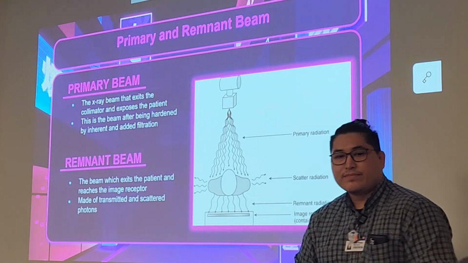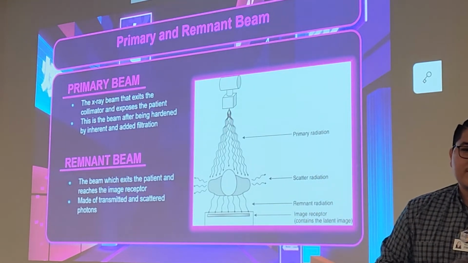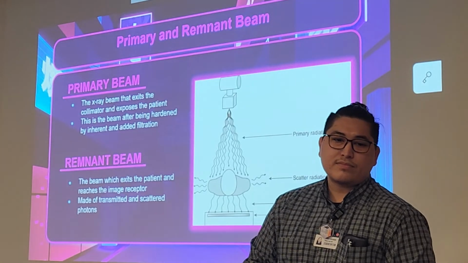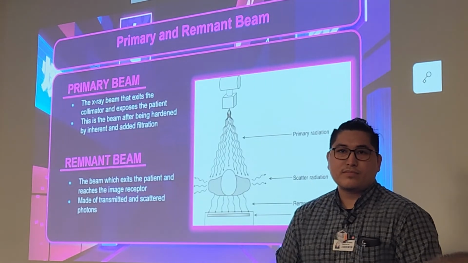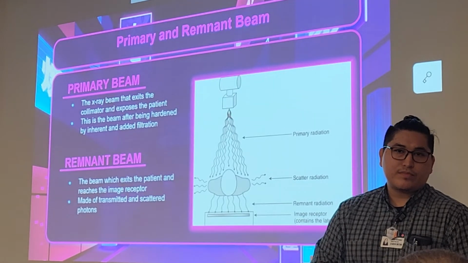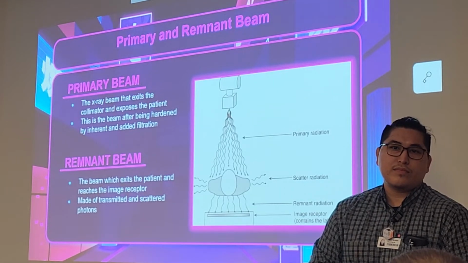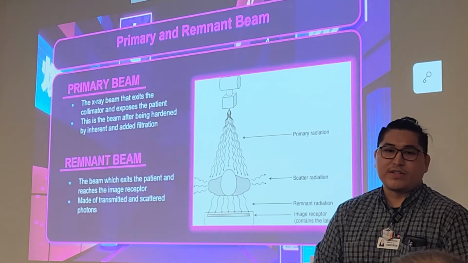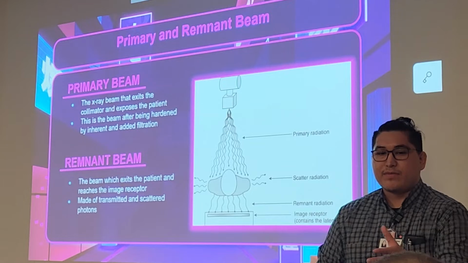Yes, Jay. So the remnant beam is a different beam than the primary beam, but would you say that the X-ray that is shot is not the same as what's getting to the IR? That's the remnant beam at that point. So it starts as the primary beam, and then as it goes to the patient, that exit radiation is the remnant beam.